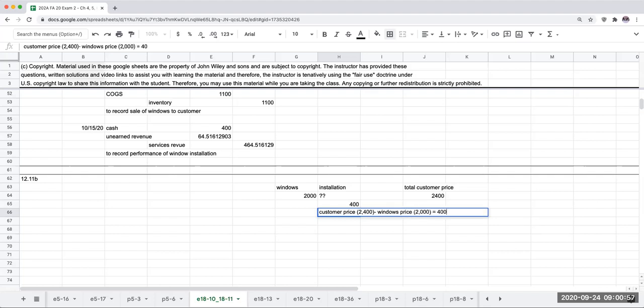This is going to be 400. So this is going to give me my residual value over here of 400 bucks.